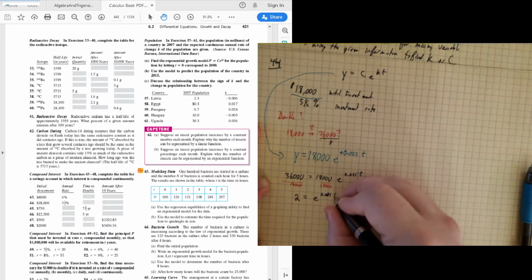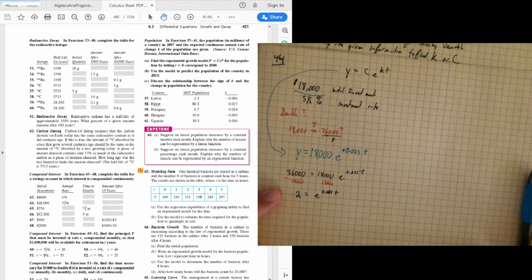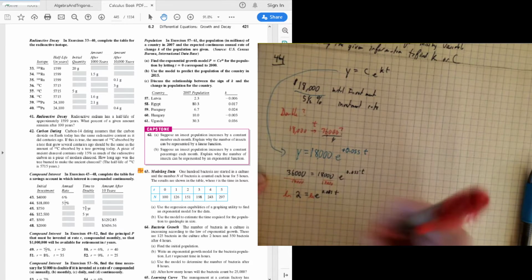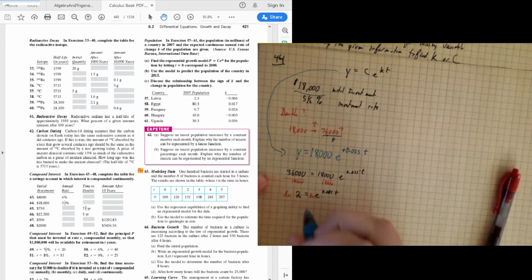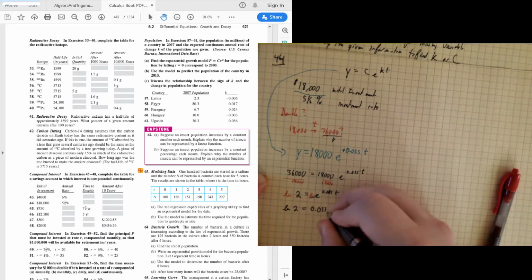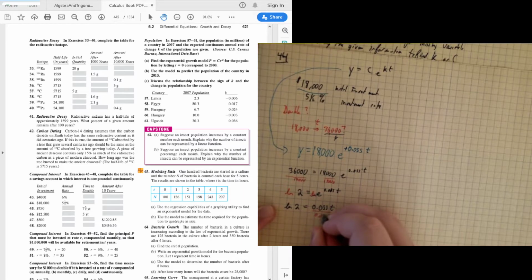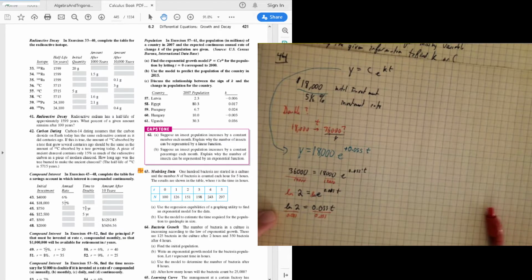So 2 equals e to the 0.055t. And then just like before, if I want to get rid of an e, I can use a natural log. Remember, natural logs and e's are meant to be canceling relationships. So I end up with the natural log of 2 equals 0.055t. And then I can divide both sides by 0.055 and get to an answer.